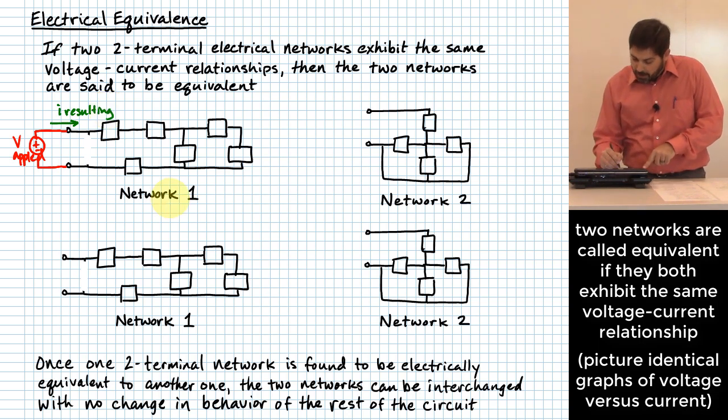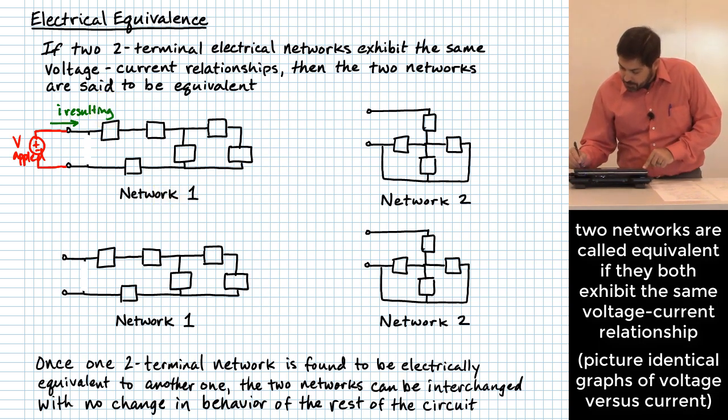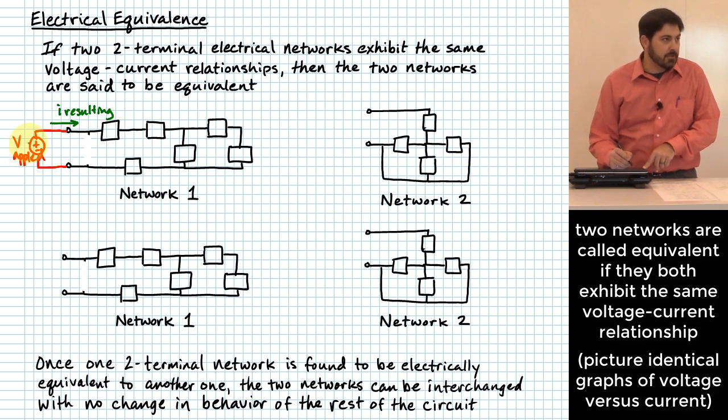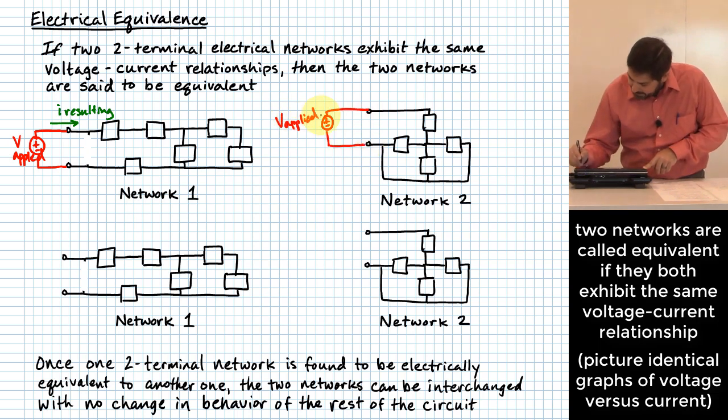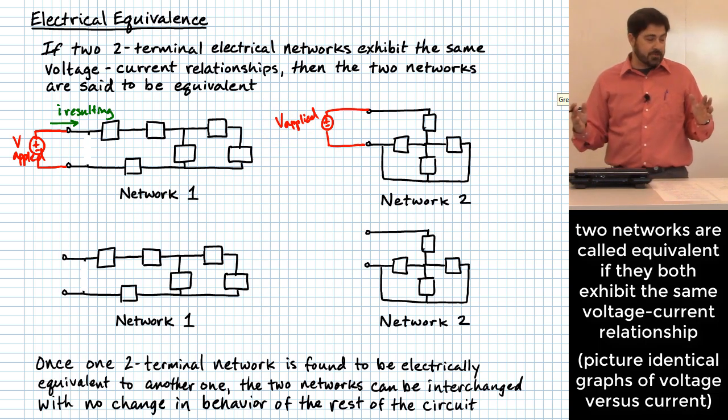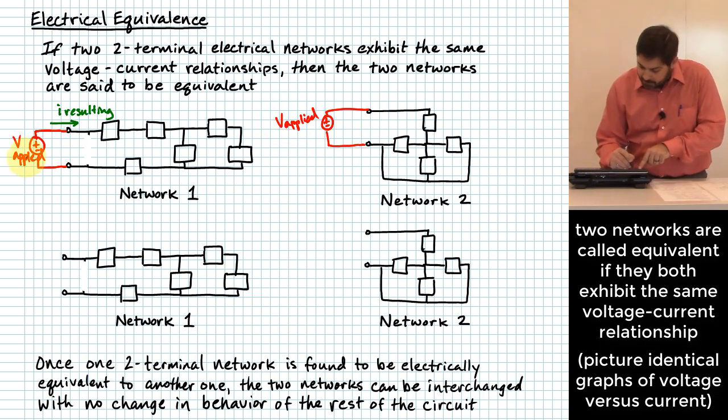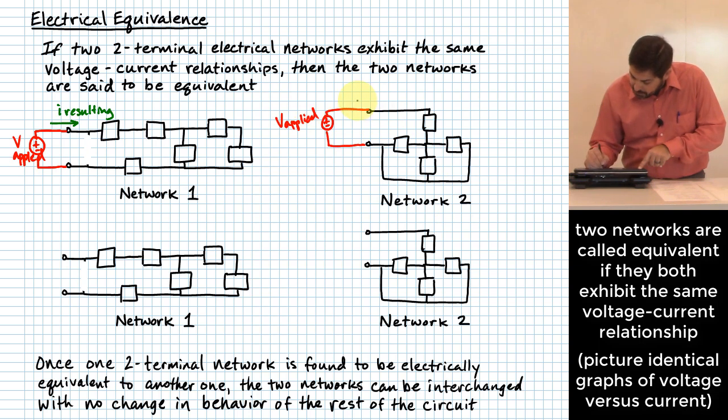Network 1 is equivalent to network 2 if I take that same V applied and put it across network 2, and for any value of V applied that I choose, it results in the same current.